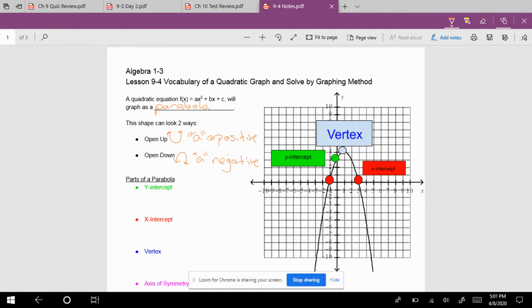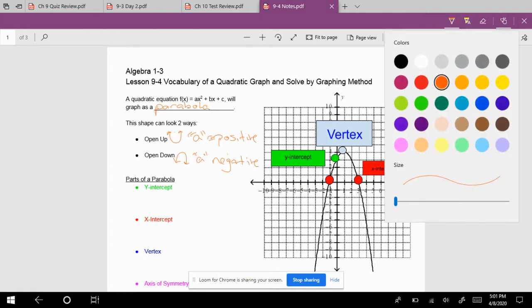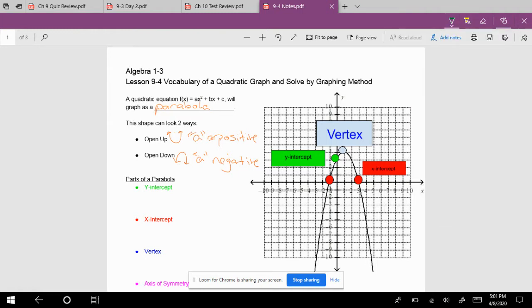Now let's get into some vocab. You've got this picture to your right that's color-coded, and I'm going to try to do the same definitions in the color code to really help you out. So I'm going to go to green. A y-intercept is no different on a parabola than it is on a linear function. It is where the graph crosses the y-axis.